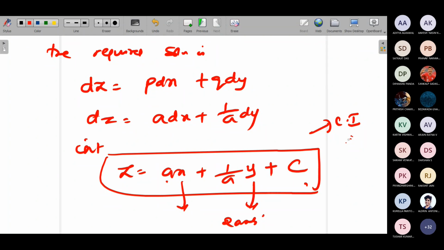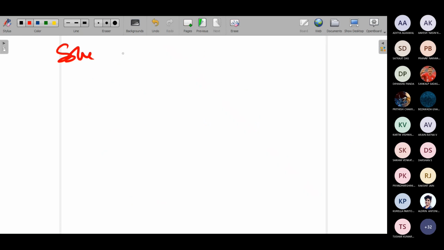Okay. Next one you can take down. Solve p square plus q square is equal to n into pq.